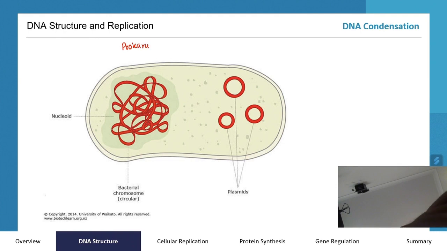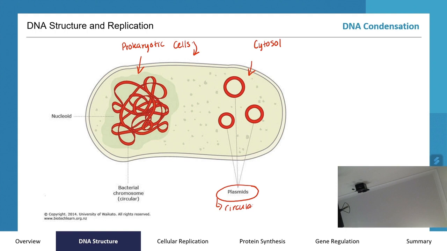In the previous one, we were talking about eukaryotic, or more complex cells. These are our prokaryotes, so bacteria and things like that. There are actually two ways that DNA is found. Both of them are in the cytosol of the cell, if you want location. The first one is in the form of plasmids, which are these circular rings of DNA.